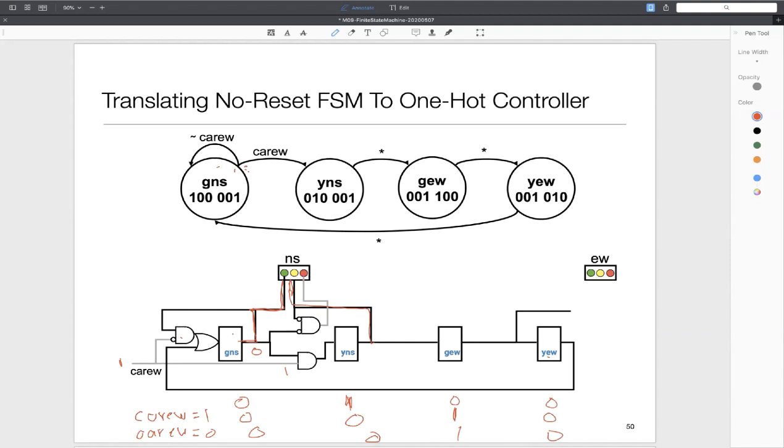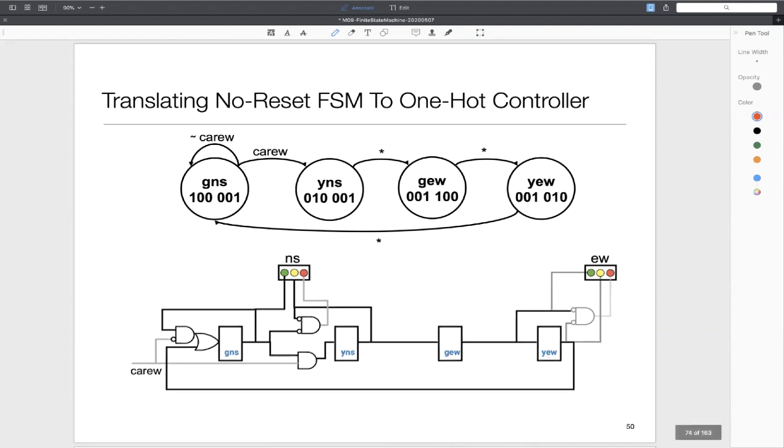And likewise, for the east-west symbol, we have a similar thing. The green light is being controlled by this. So if I'm in GW, green will be on. If I'm in YW, yellow is on. And red is on if I'm in neither one of them.